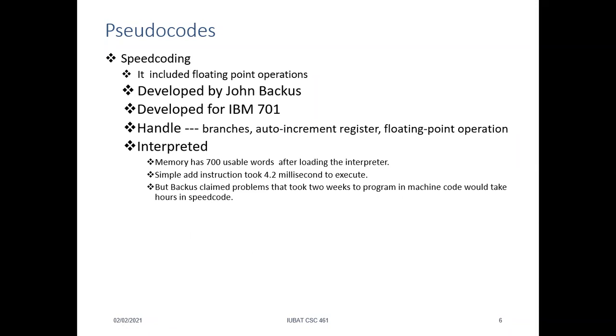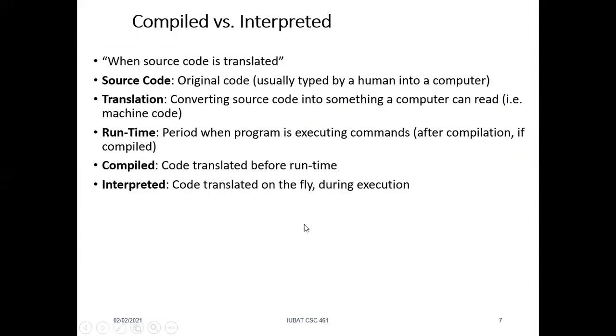Let's say I have given you a project: in machine code it would take two weeks to write, but in Speed Code it will take you only hours. It also has some features, but still the problem was there. So they tried to create a way to solve the problem, and that's where the other languages come in.